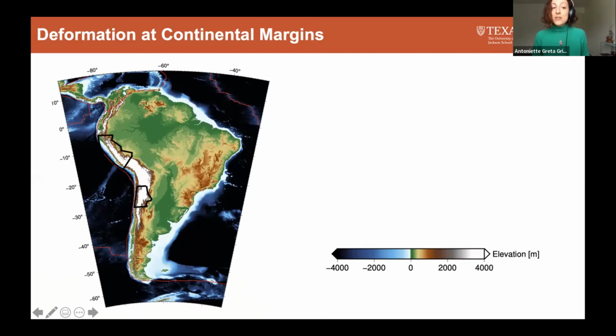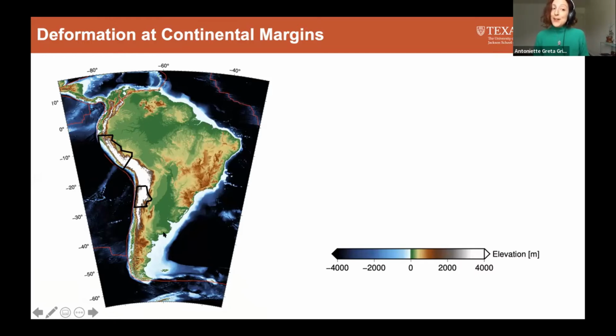If we look at this topography map, we can see that the style of subduction has a first order effect on the surface. We can see differences in topography, but also differences in the width of this band of deformation along the trench.